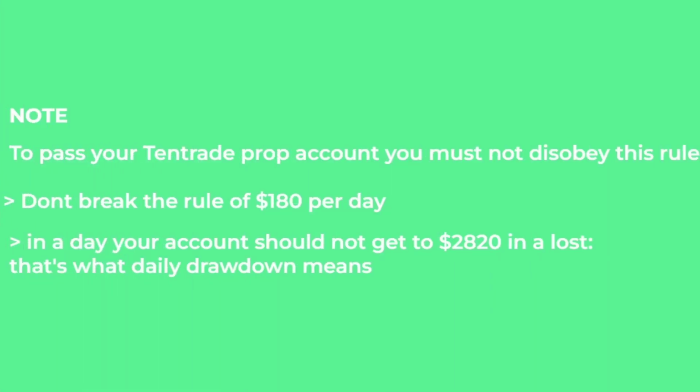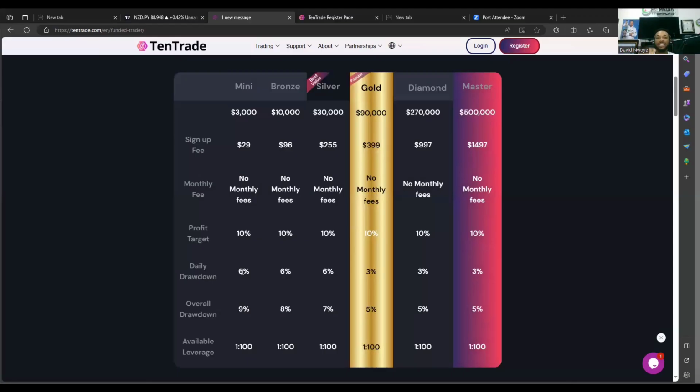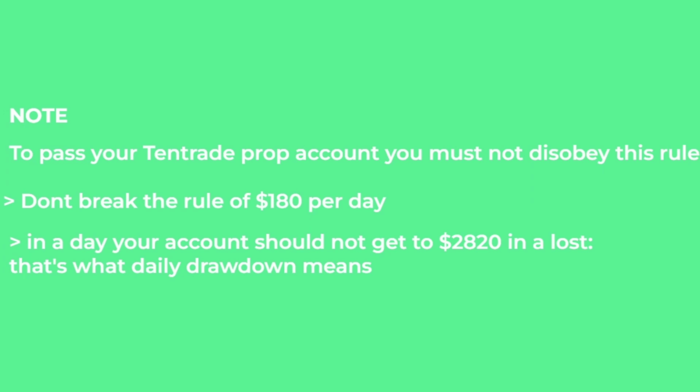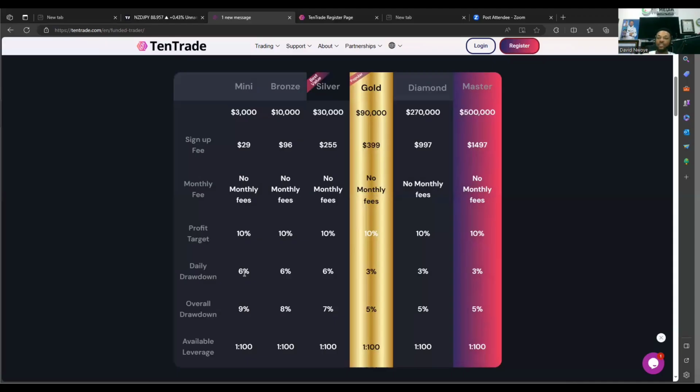You must not lose 6%, that $180, in a day. You are not to break the rule of $180 per day. That's what it simply means. Once you break the rule, that is, you lose 6% of your $3,000, the account is deactivated.